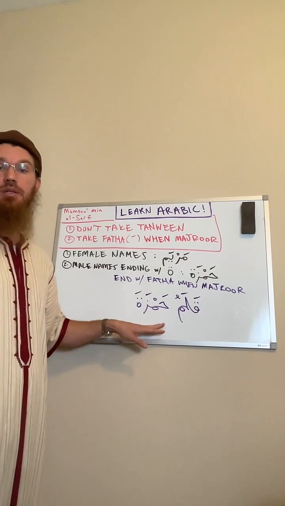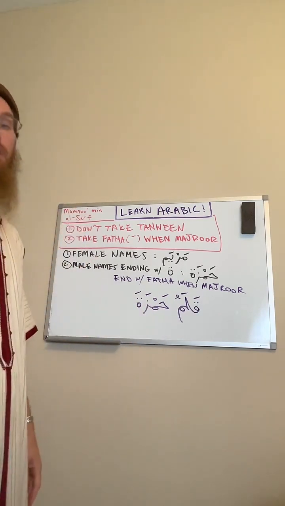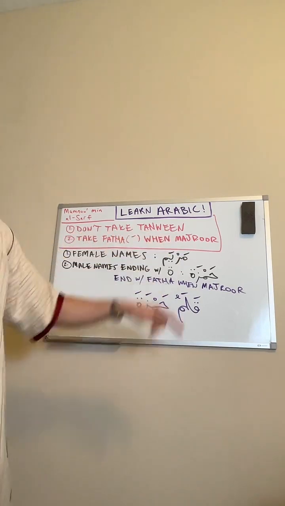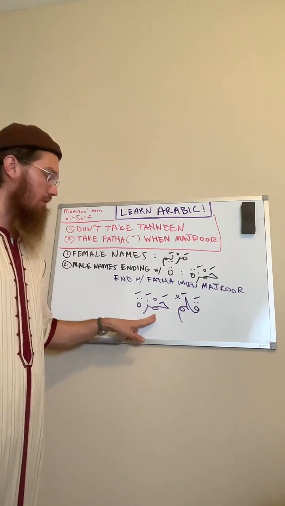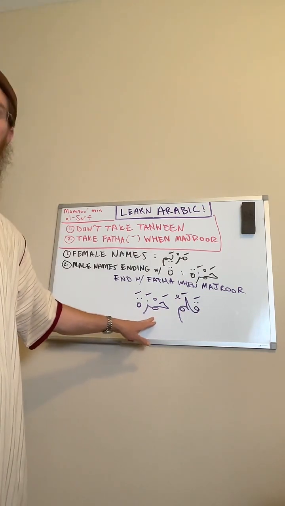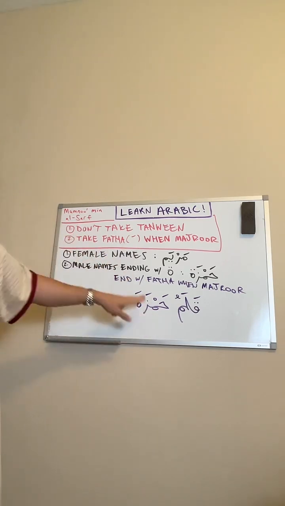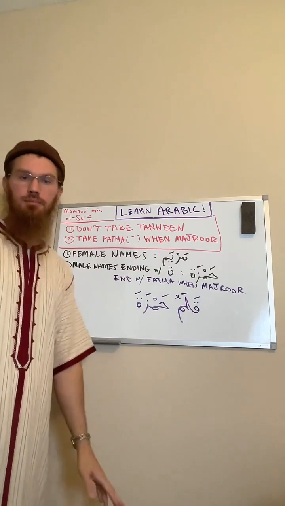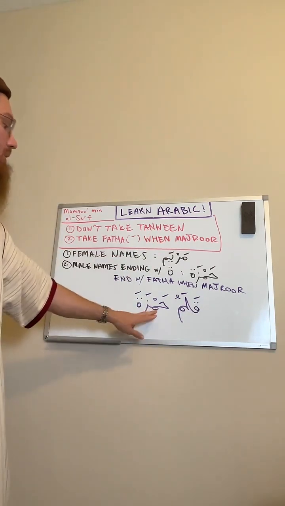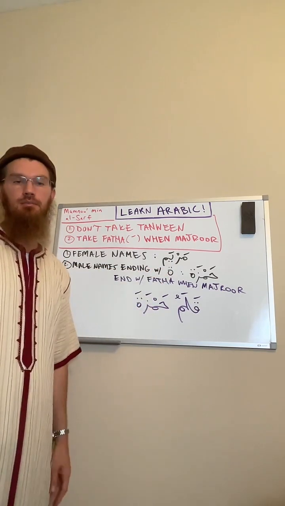Hamza is an exception because it's mamnu' min as-sarf. And we said that mamnu' min as-sarf does not take tanween. Also, Hamza is in a state of majroor because it is the possessor in this phrase. And we learned that an ism that is mamnu' min as-sarf takes a fatha when majroor. Understood? Why? Because it's mamnu' min as-sarf, because it is a male name ending with ta marbuta.